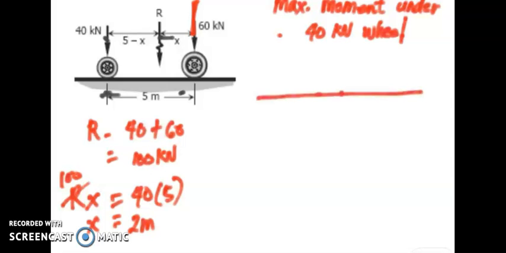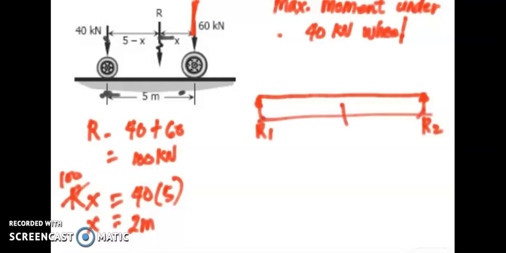To identify the maximum moment under the 40 kilonewton wheel, let us draw the diagram. We have here our beam with R sub 1 and R sub 2. The span of the beam is 10 meters.